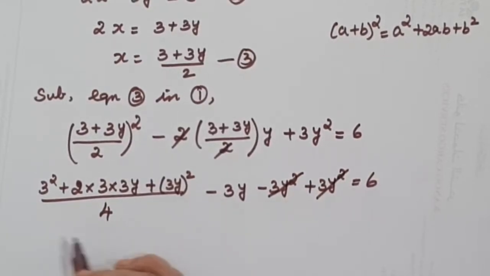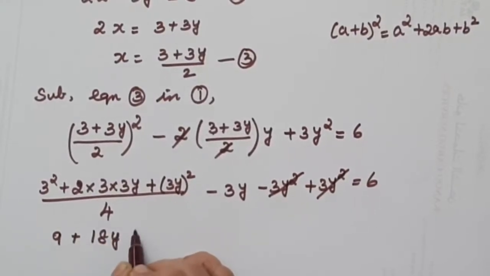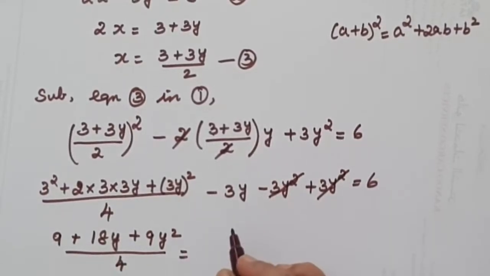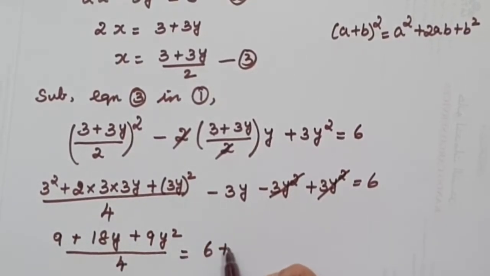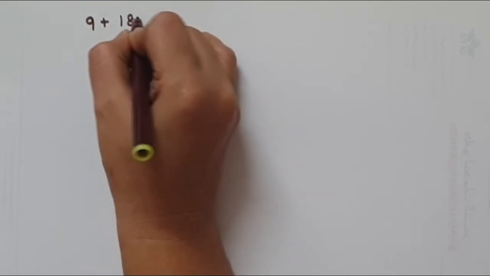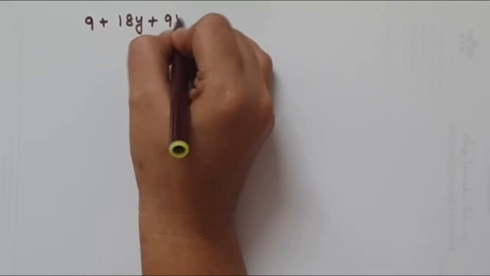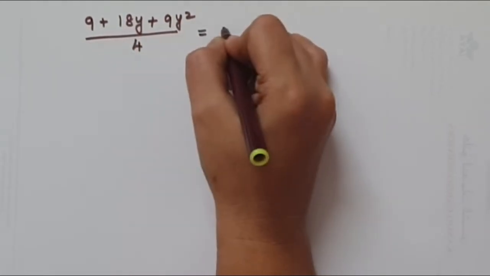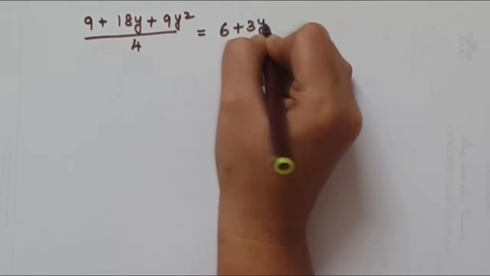We get (9 plus 18y plus 9y squared) over 4 will be equal to, I'll shift this 3y to the other side, so it is 6 plus 3y. So it is (9 plus 18y plus 9y squared) over 4 equal to 6 plus 3y.